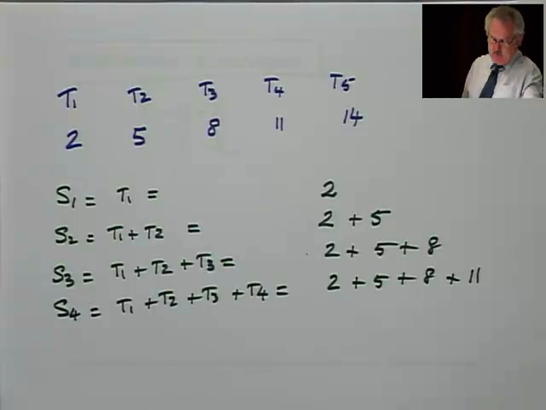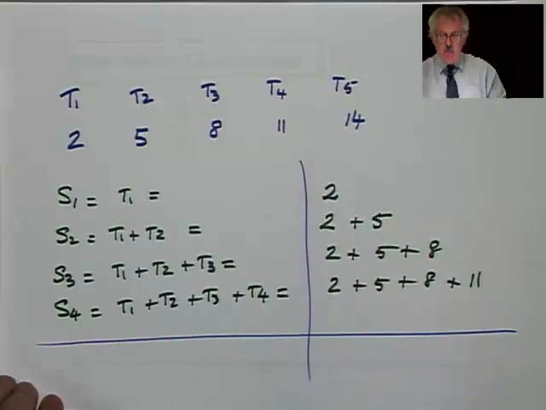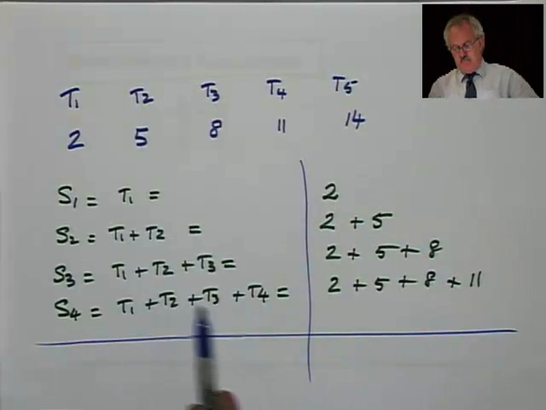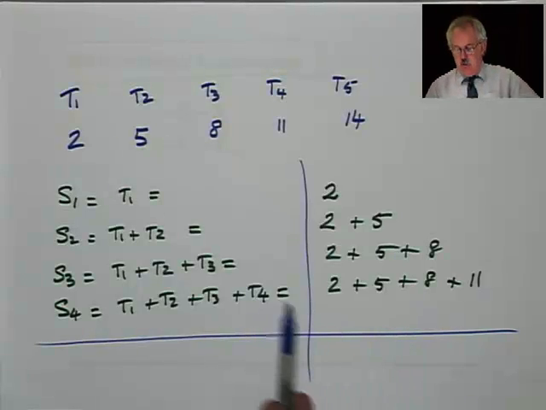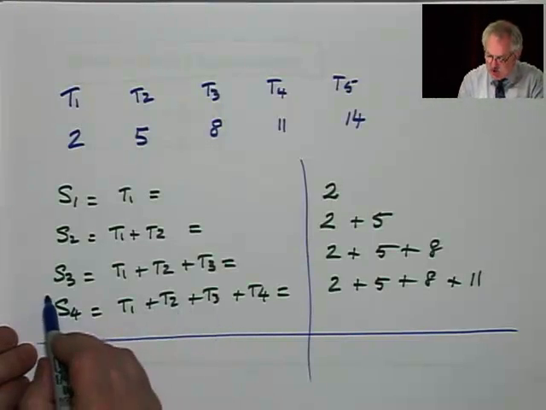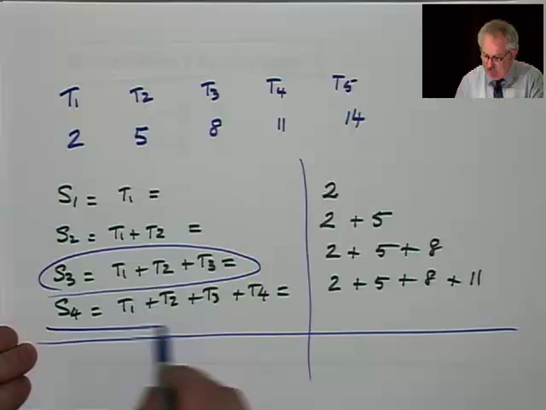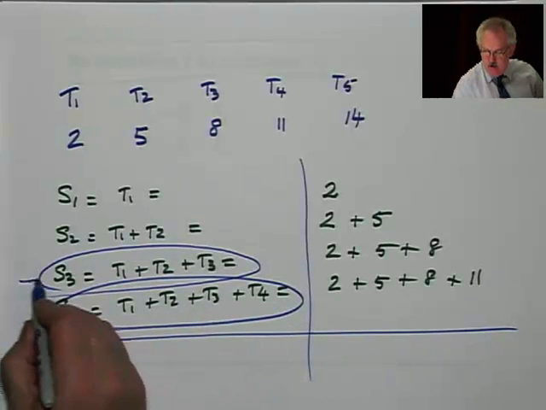Now, if we look at this particular picture here, what's the difference between this row here and this row here? Line 3 there and line 4.